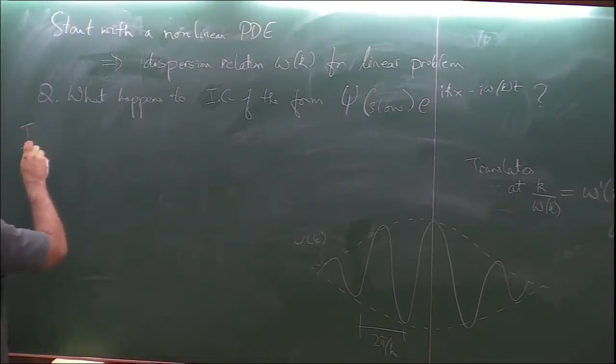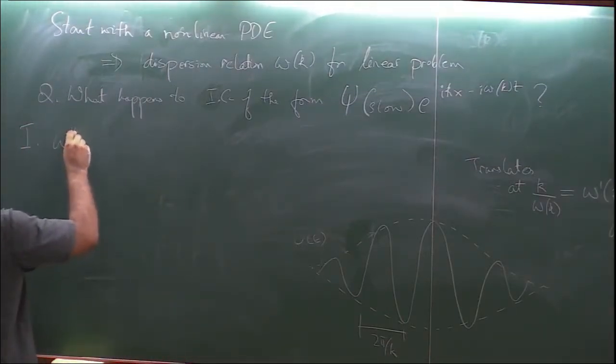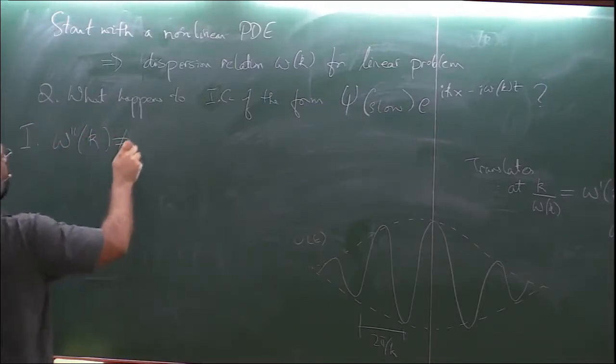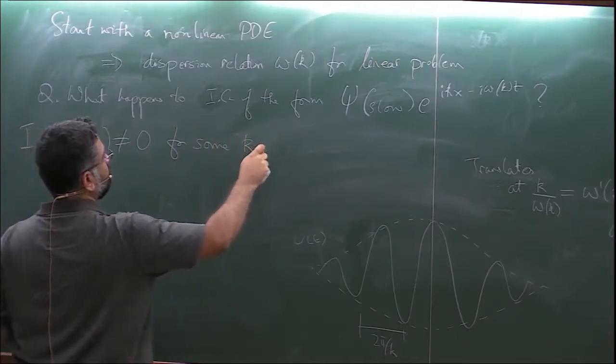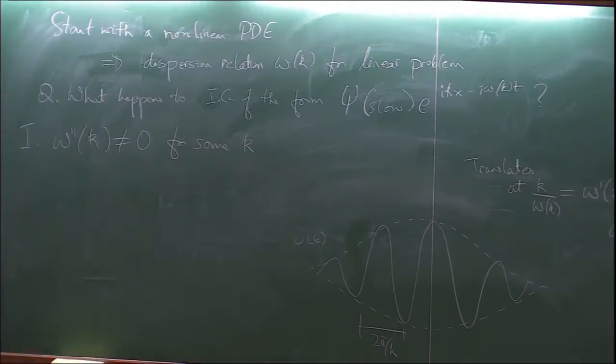So case 1, omega double prime of k is non-zero for some k. What that basically means is omega double prime of k is not identically zero. So generically that means omega double prime of k is a function of k. Usually omegas are analytic functions of k, so this just means it's some generic function of k.